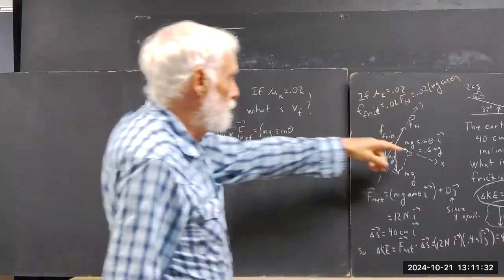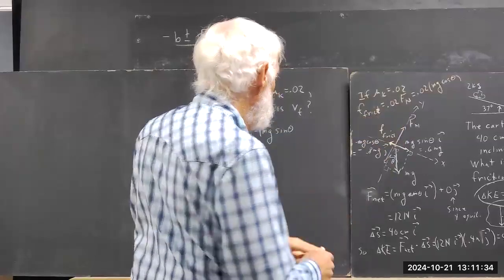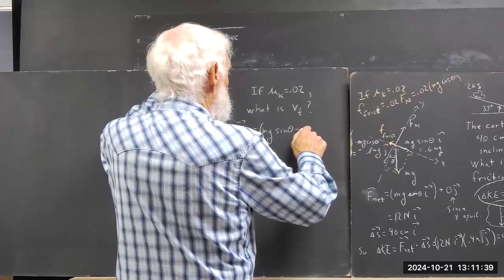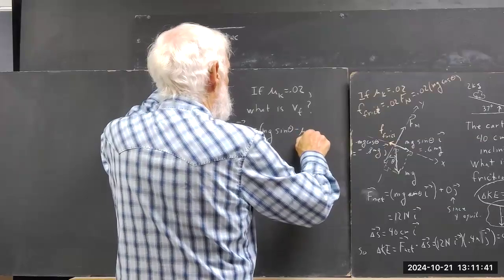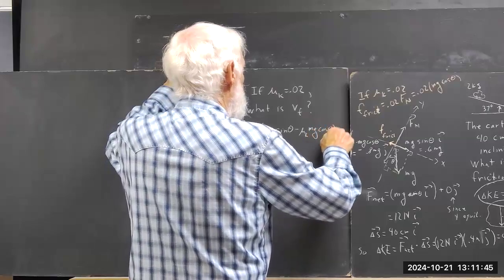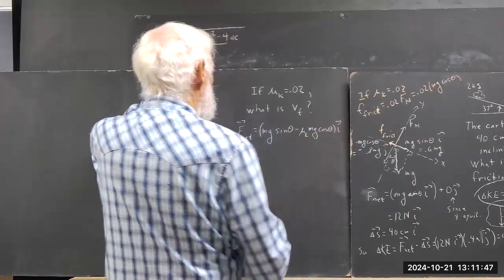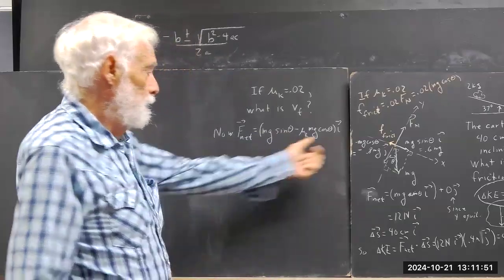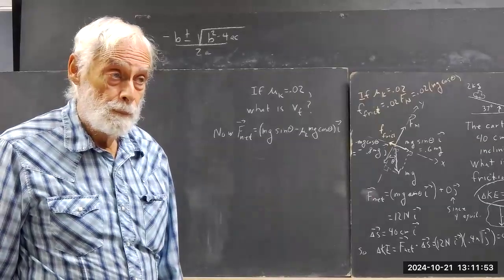You got your mg sine theta here, and your negative mu_k mg cosine theta, and you put the numbers in.